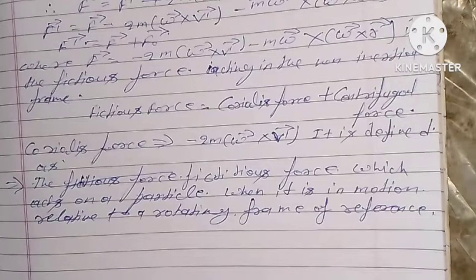It will obviously be zero if either v dash or omega is zero, if the particle is at rest relative to the rotating frame or if the reference frame is a non-rotating one.